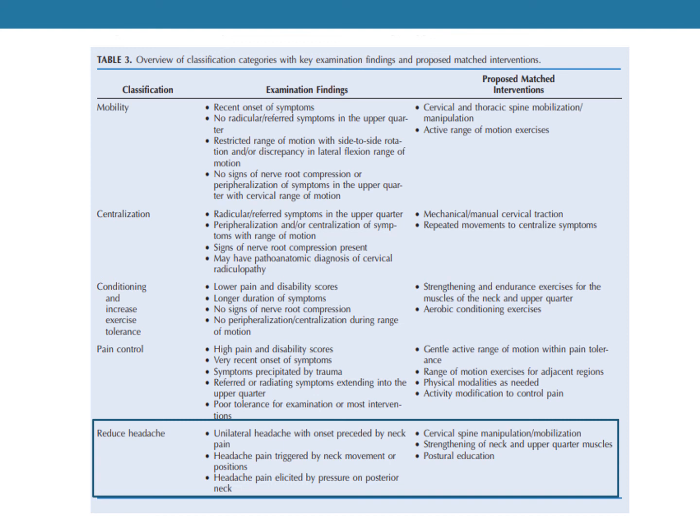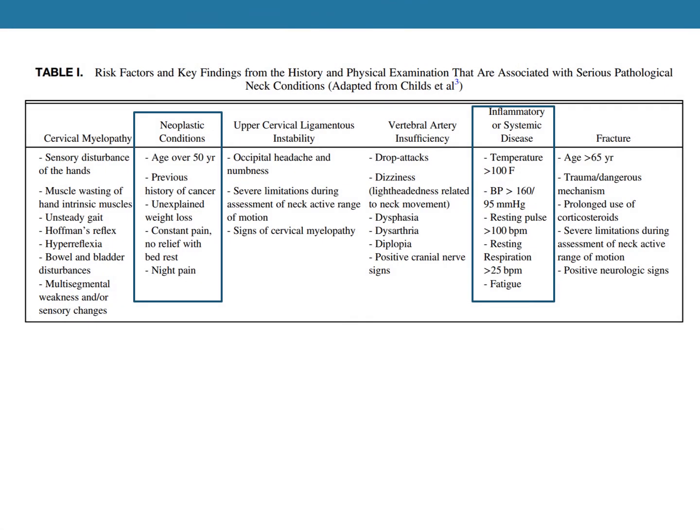We have to address posture in these individuals, because as we begin to see more of that forward head and that capital extension, we're going to see more and more cervicogenic headaches associated with those postures.